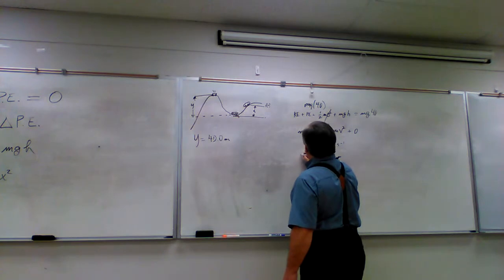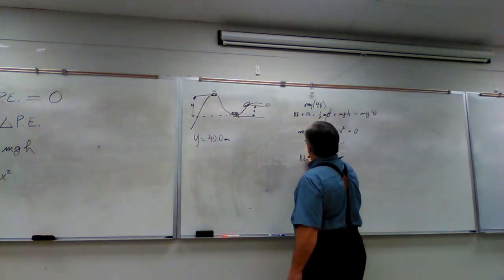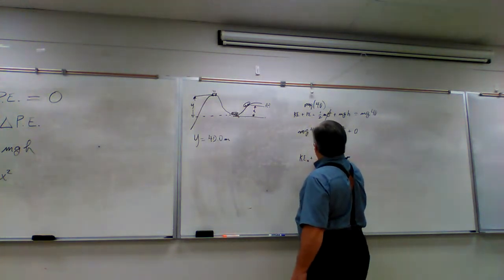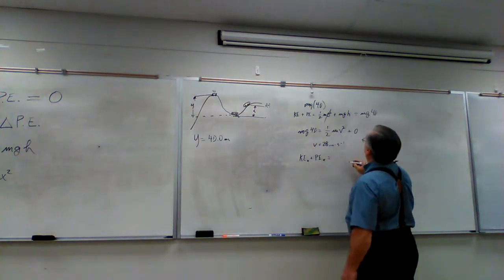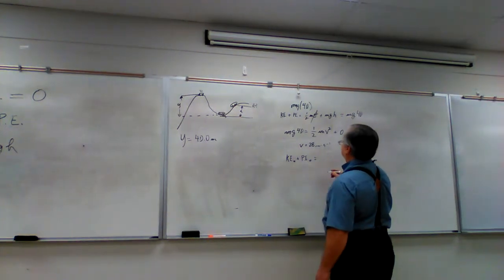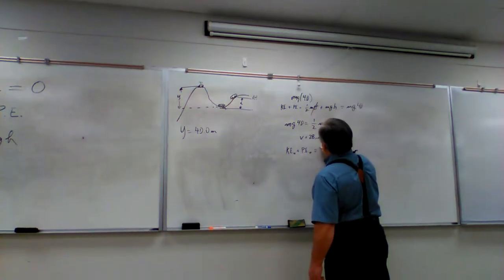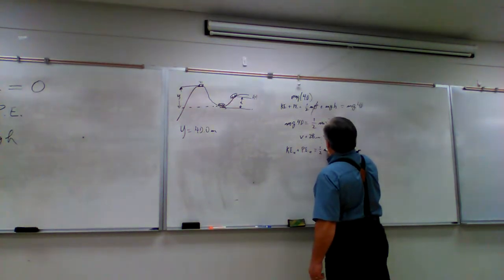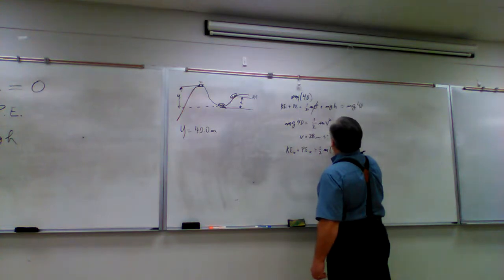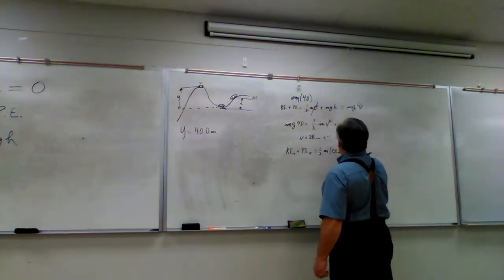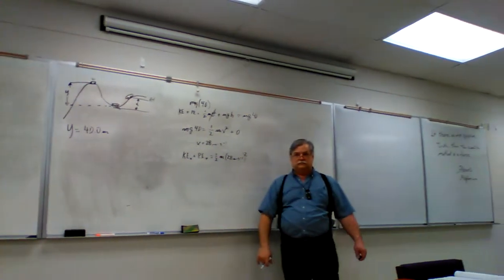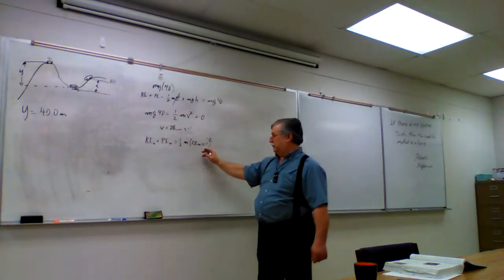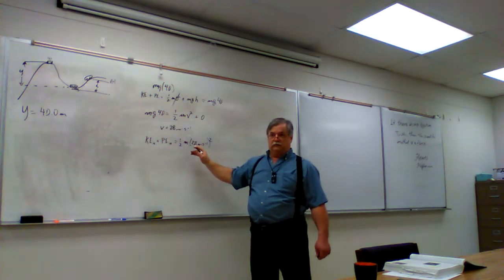So at height h, the kinetic energy at h plus the potential energy at h will still be equal to 1 half m times 28 meters per second squared. Okay, it's still equal to that same total energy.